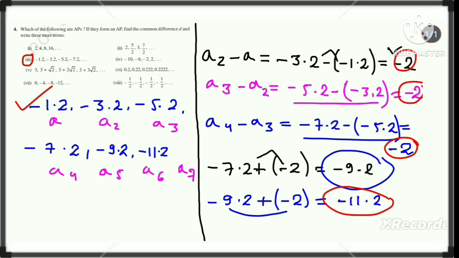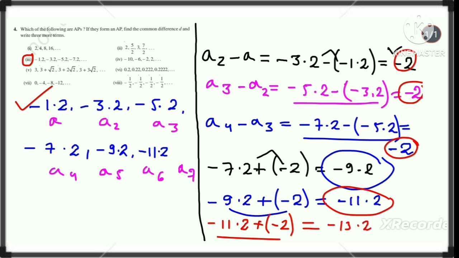Now lastly we need to find its seventh term, and for that we simply add the common difference to the sixth term, and the sixth term is minus 11.2 plus the common difference minus 2, and after solving these two we obtain minus 13.2.